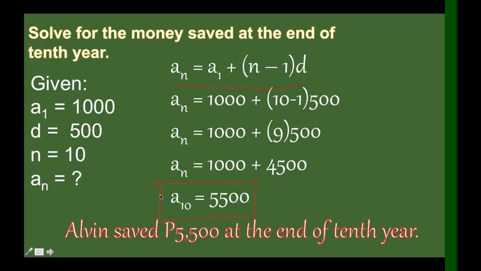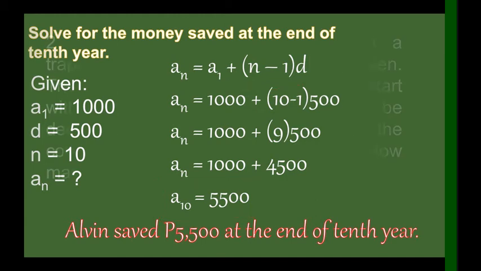So Alvin saved 5,500 at the end of the 10th year. Again, this is not the total. By the 10th year, he will put in 5,500 for that year. That means for the 9th year, it was 5,000, if you imagined our solution.